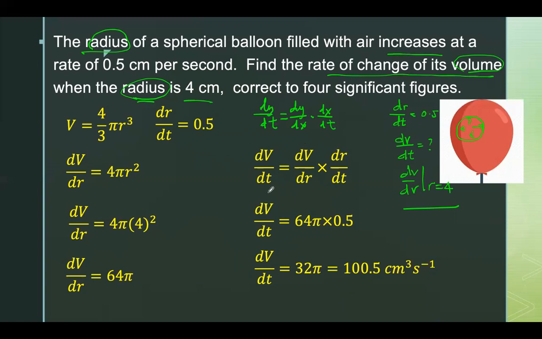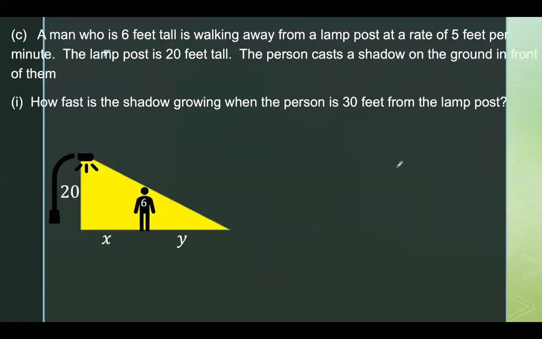It depends on the situation. I said already, y can be volume or area, and x can be radius, length or height. It depends on the situation. So this is the second example.